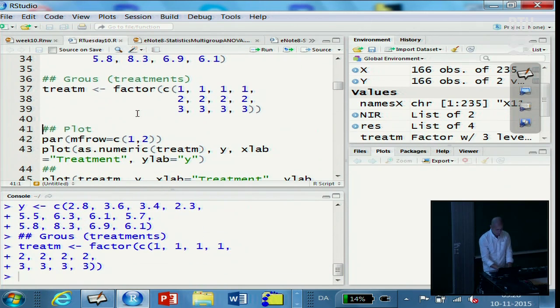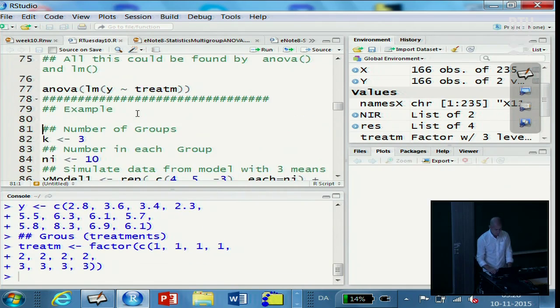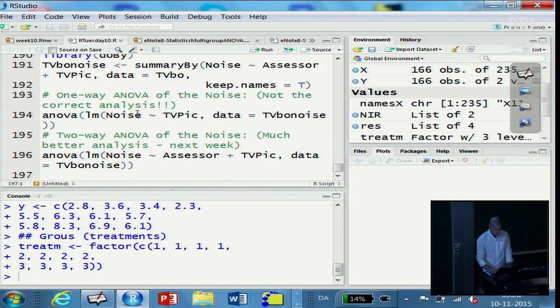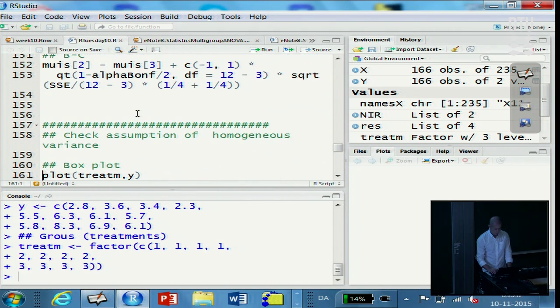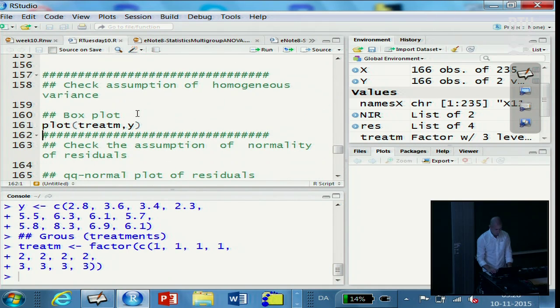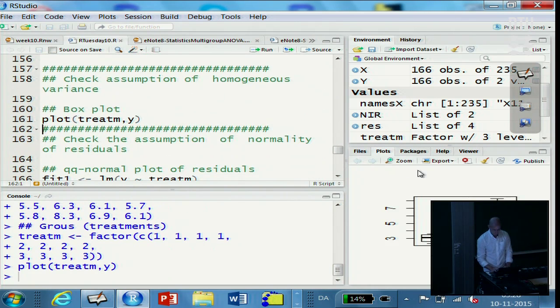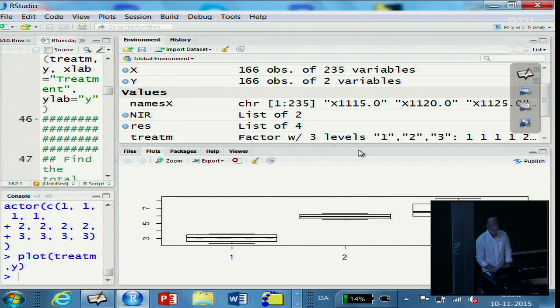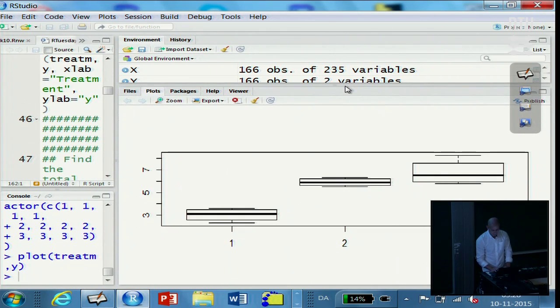So we try again. Here's the data. Going down, down, down. Great. Why do I look at this simple box plot?